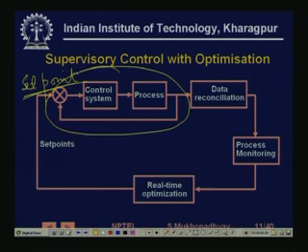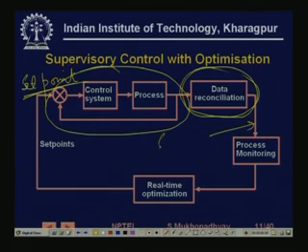So, first of all you get the data from the process and you reconcile it, because it may contain noise, or some sensors may be inconsistent for various reasons. So, before taking decisions, you reconcile the data so that all the signals make sense according to the standard mass balance and energy balance equations of the process. Once you do that, you have got good and valid data.